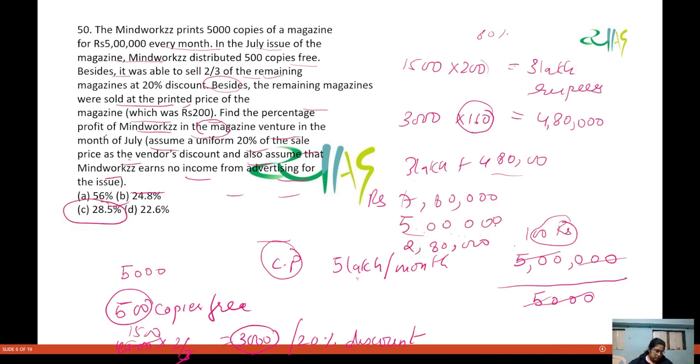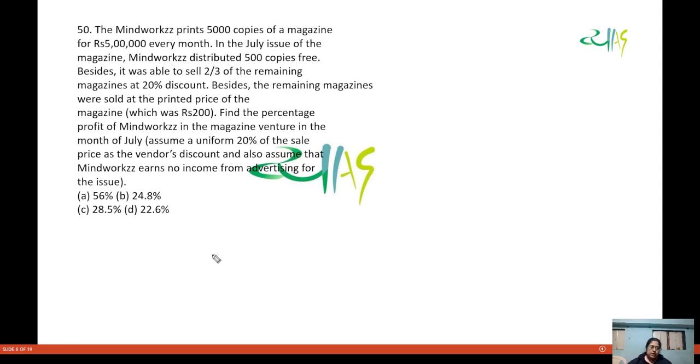So what is the profit? We got that we earned 7,80,000 rupees. Now see, look at this statement. It is saying assume a uniform 20% of the sale price as vendor discount, and also assume that Mindwork earns no income from advertising.